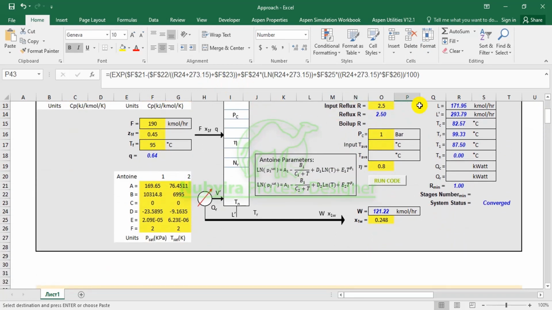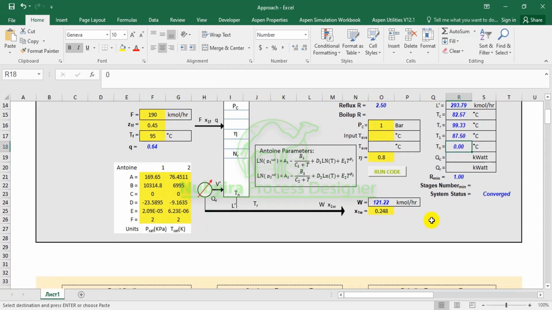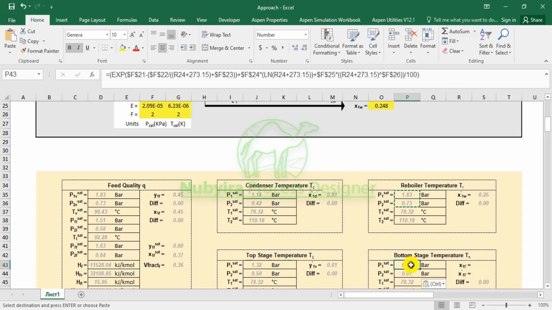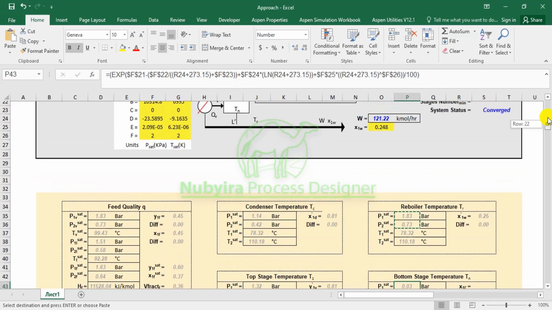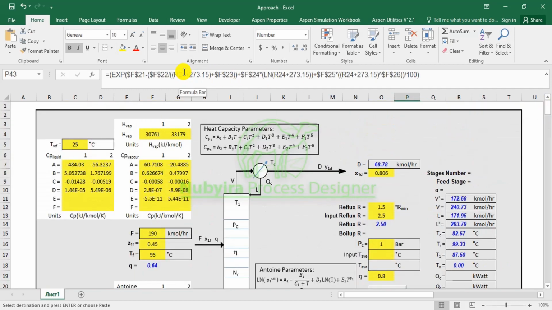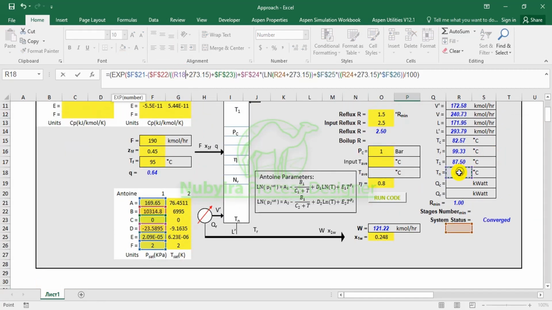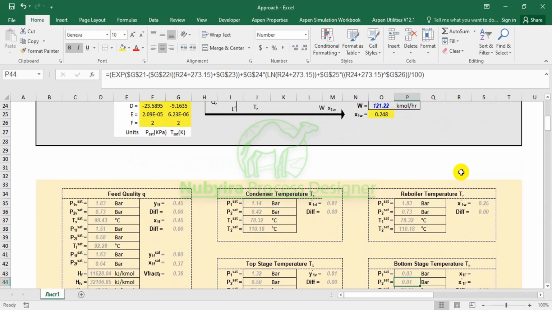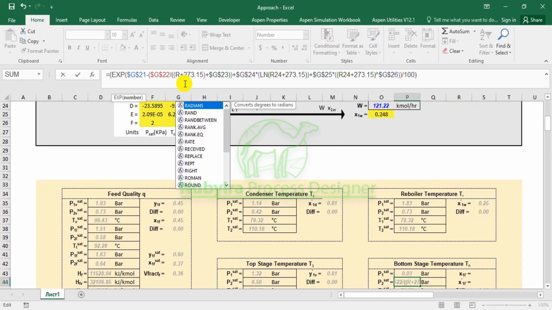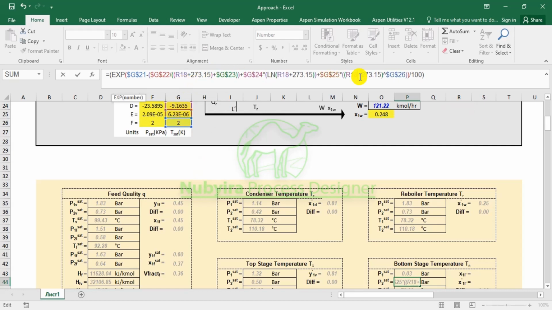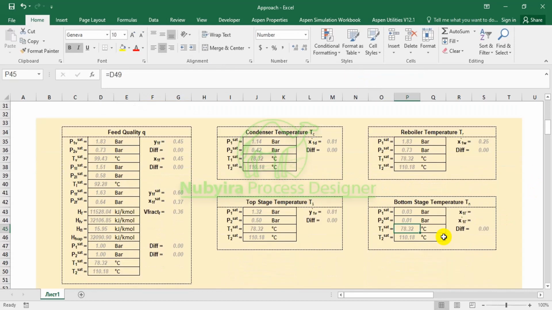I'm going to change this one to 18, and I'm going to change this one to the temperature of the last stage, which we can call T18. So I'll change this one to T18. I think I'm done with the value over here.